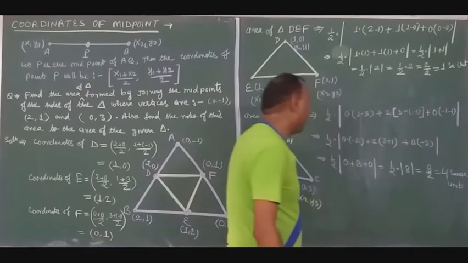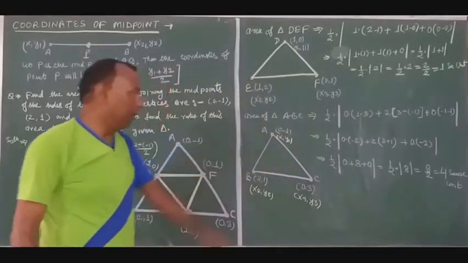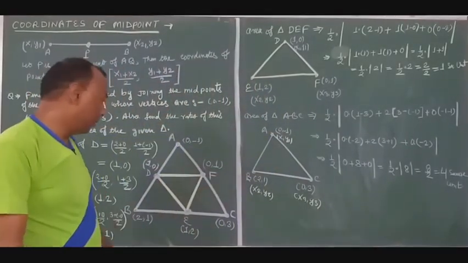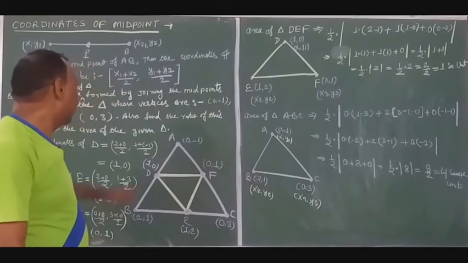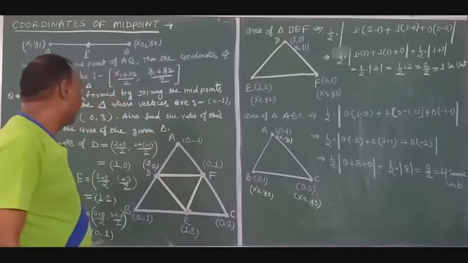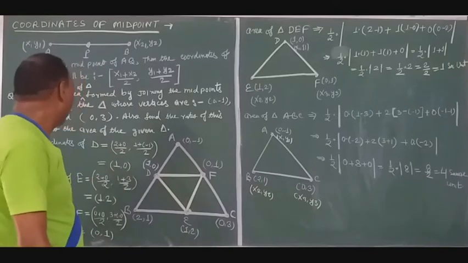So what is the area of triangle ABC? 4 square unit.